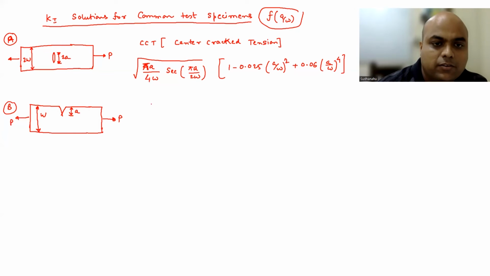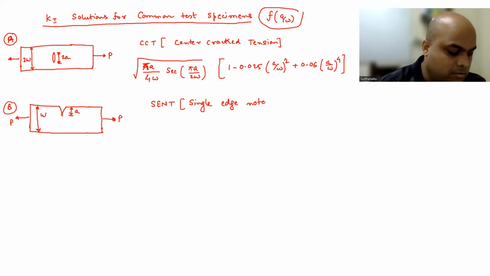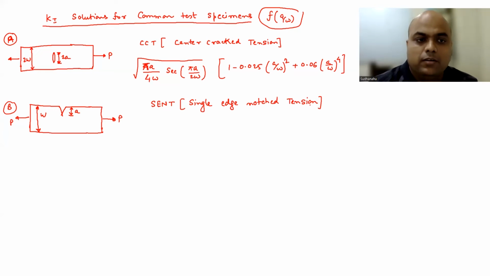This is SENT, single edge notched tension. At one edge we are going to have a notch, a crack, so the name is single edge notch, and tension is added because the load is tensile.